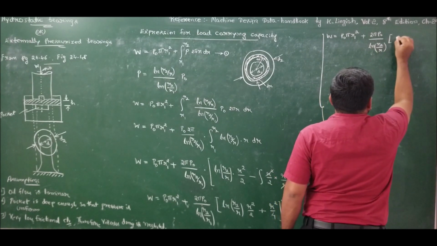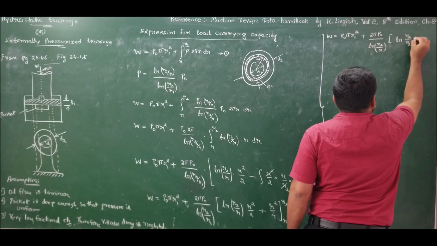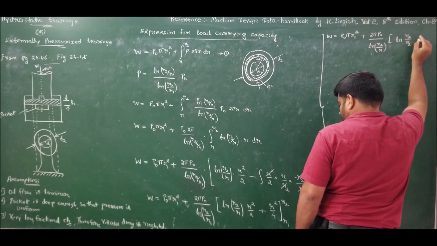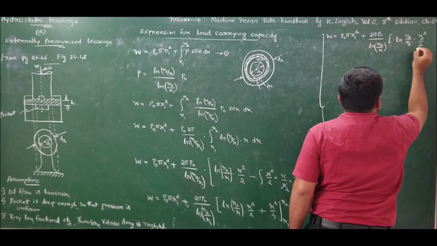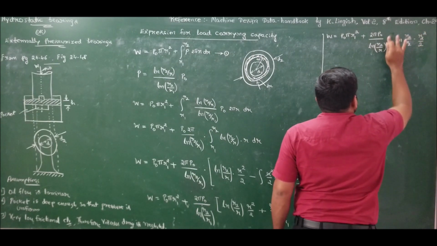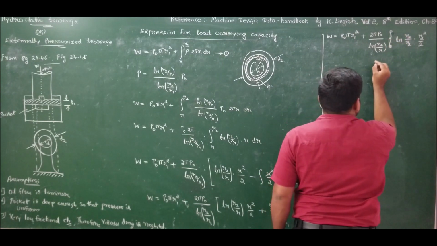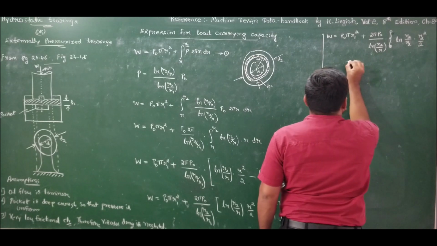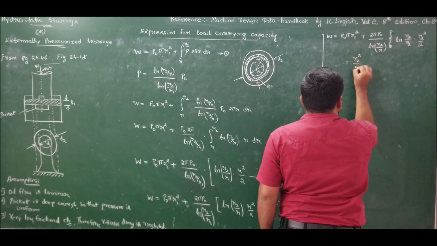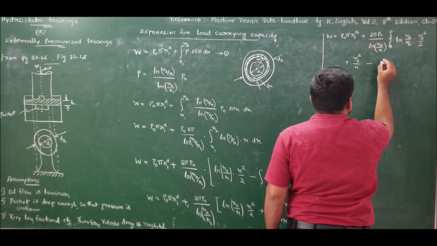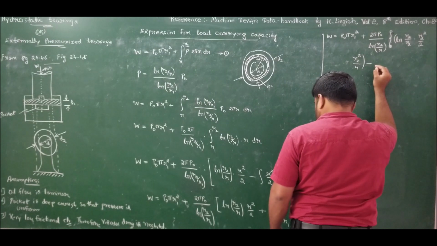So that is ln of R2 by R2 into R2 square by 2, let me put it like this, plus R2 square by 4, minus, so we have upper limit minus lower limit.